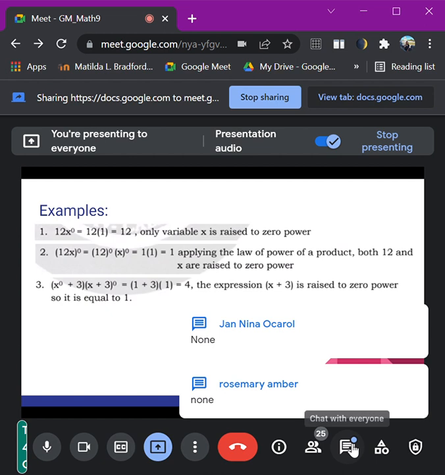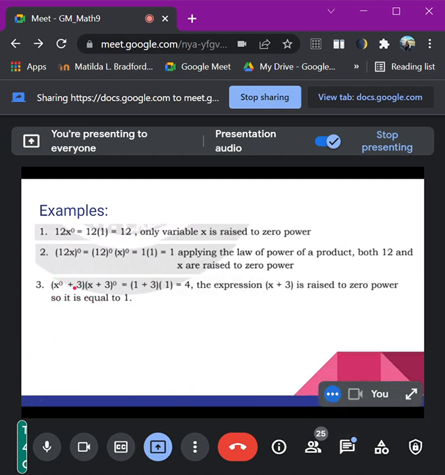Okay, very good. So we have here x raised to 0 plus 3, and then the quantity x plus 3 raised to 0. Here, x raised to 0, that is equivalent to 1. And then you just add 3, because there is no exponent on the 3. So, plus 3.